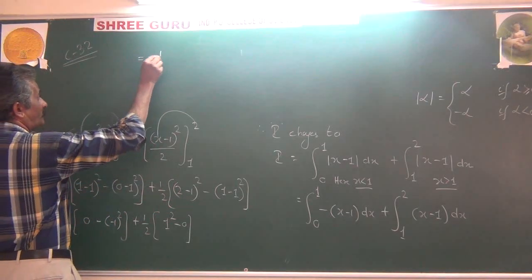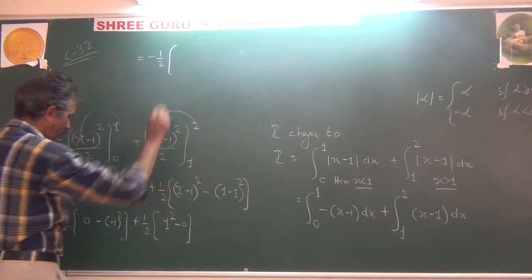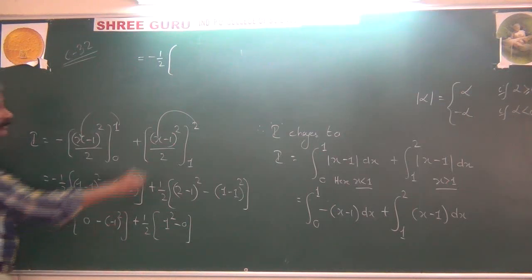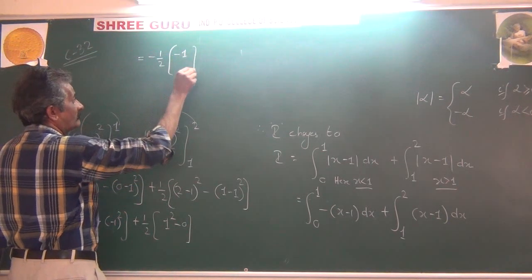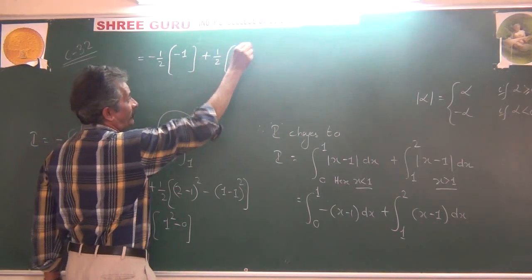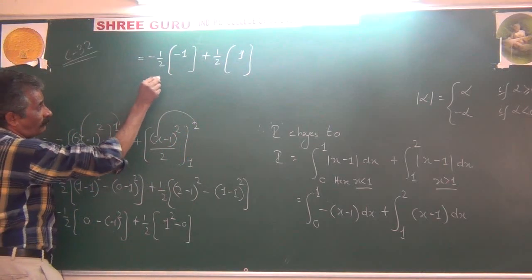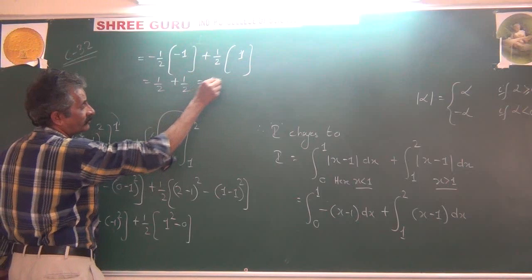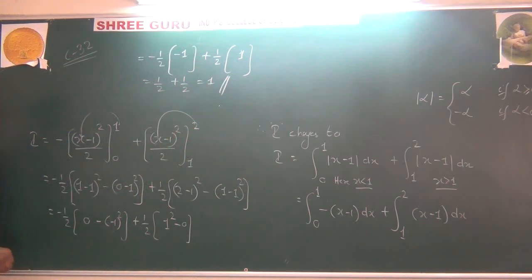That is equal to minus 1 by 2 into minus 1 square is plus 1 into minus is minus 1, plus 1 by 2 into 1 square is 1. Total 1 by 2 plus 1 by 2, that is again 1. That is the final answer.